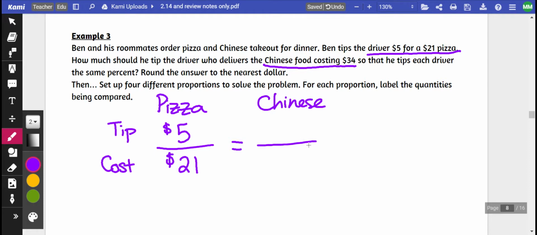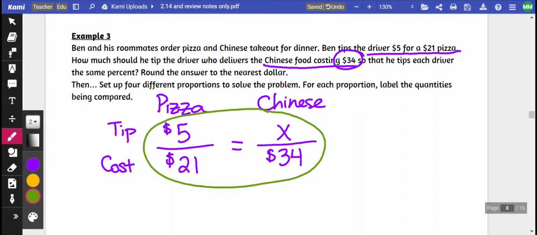I want to set this up to the proportion for Chinese food. For Chinese food, I do know the overall cost, and that's $34. It's the overall cost, so it's going to go on the bottom. So it's important that you put it on the bottom. What we're solving for is the tip amount.